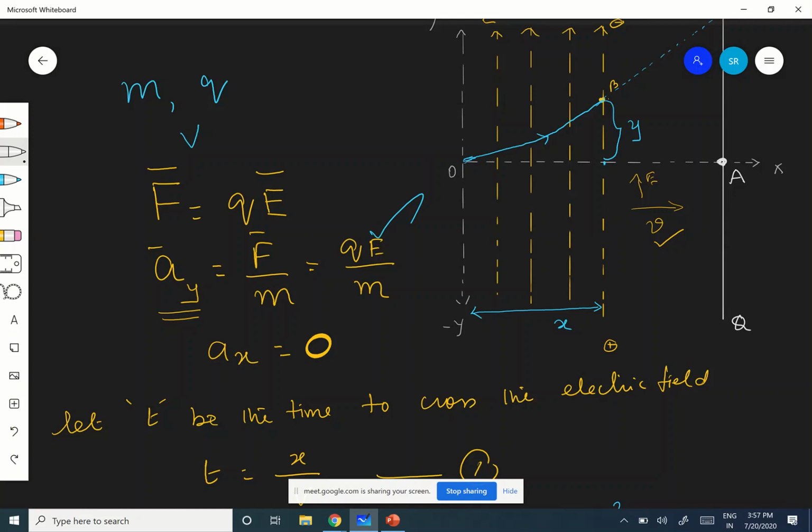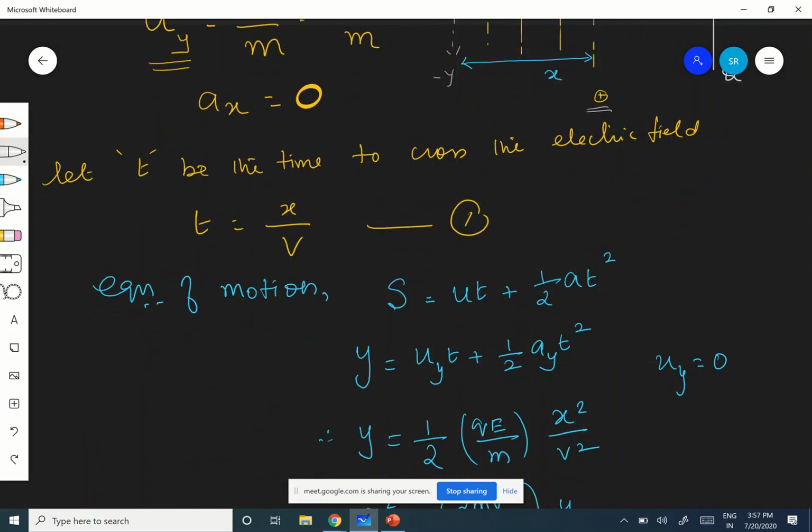But if it is a negatively charged particle, then it will be moving like this. Are you following? In which direction? In the negative y direction. Why? Because if it is a negative charge, it will be accelerated towards the positive end of the electric field. That is very, very important. Here I have taken a positively charged particle.